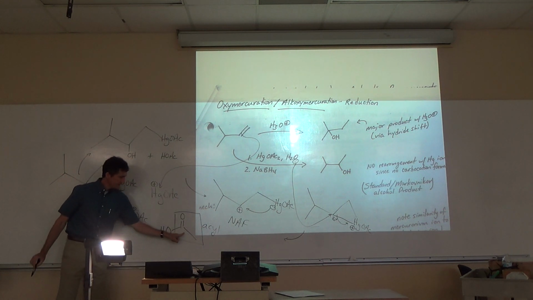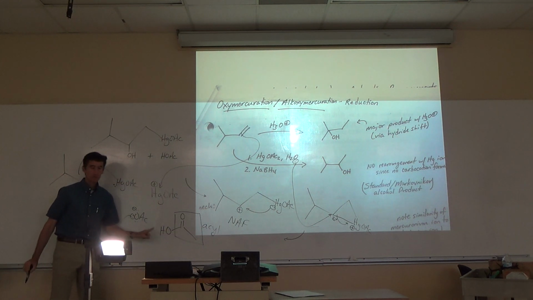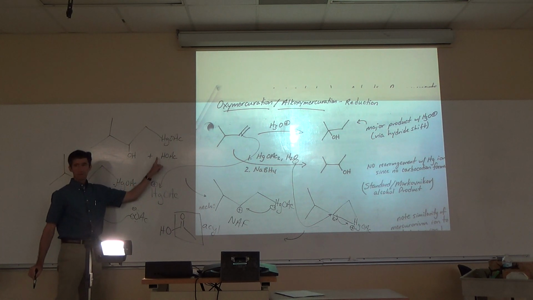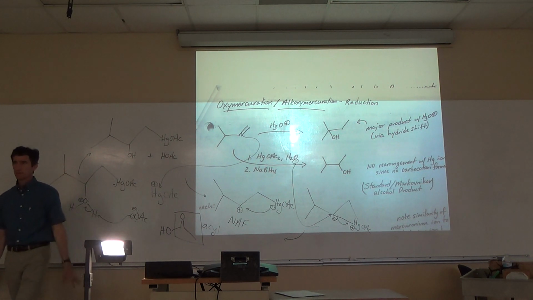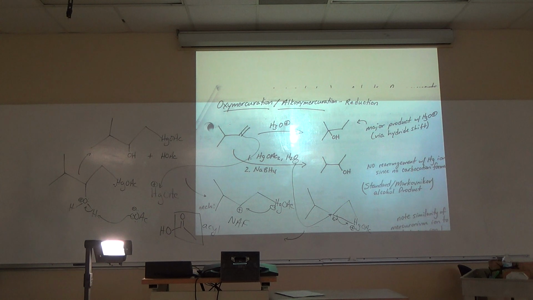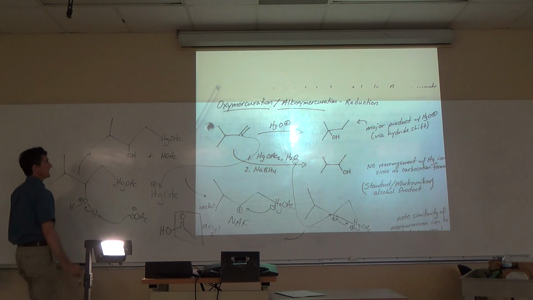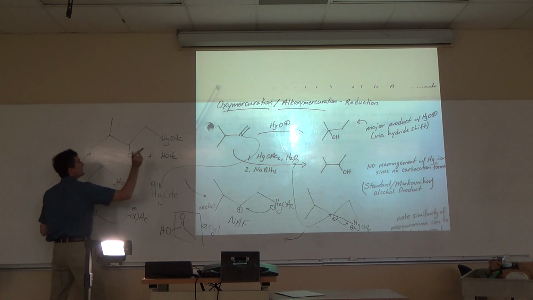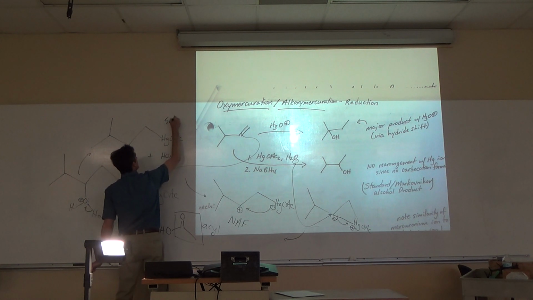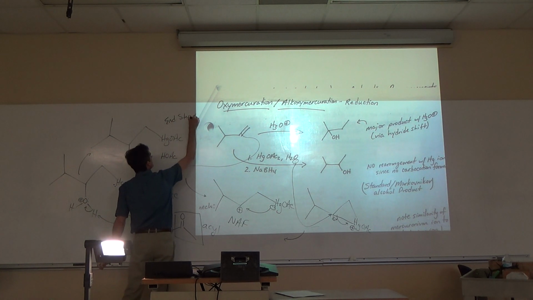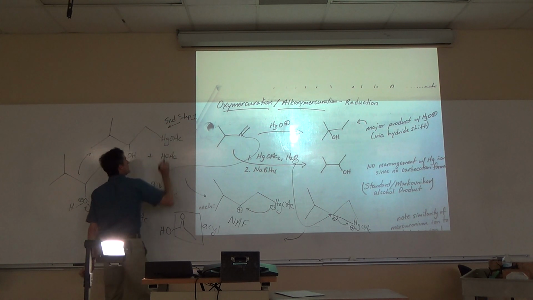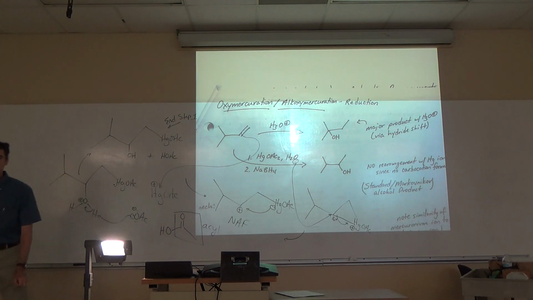Acyl is abbreviated AC. ACOH. Just written a little bit backwards, but it's acetic acid, right? Here we go. This is in step 1. That's what you have after step 1.